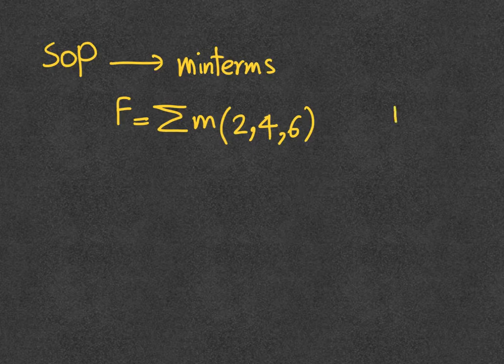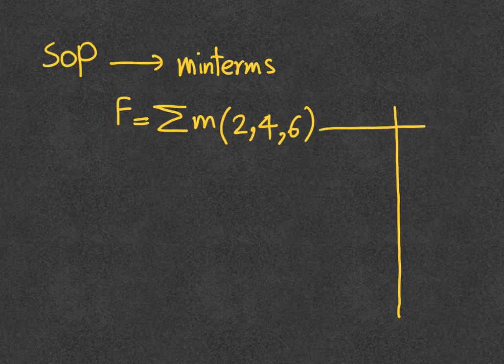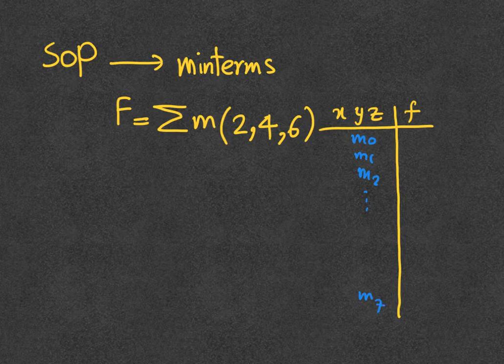This means that if you have a truth table, x, y, z, and min terms of m0, m1, m2 to m7, then when you say m2, it means that this row is going to have the output 1.